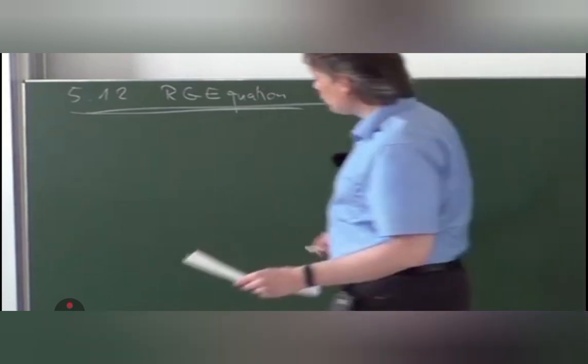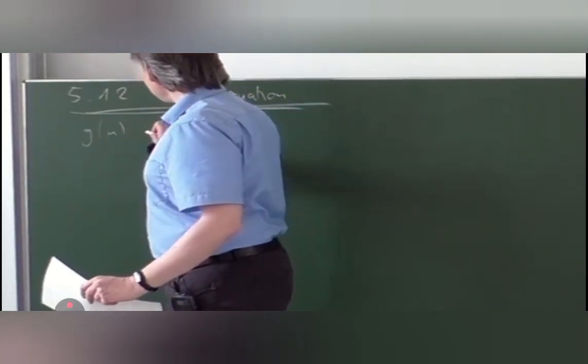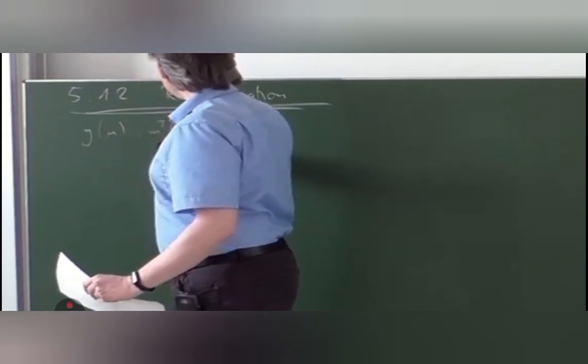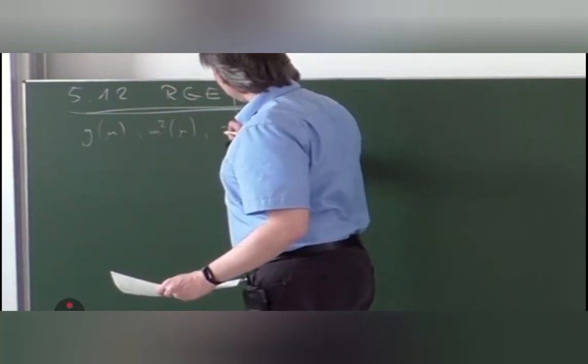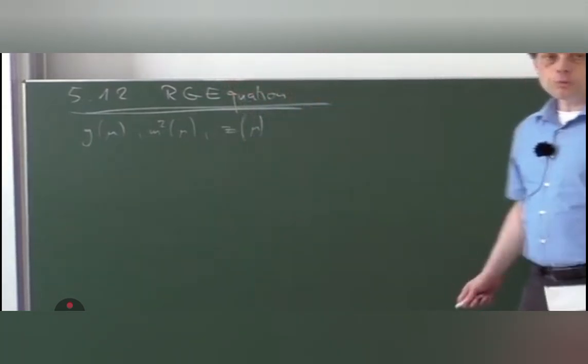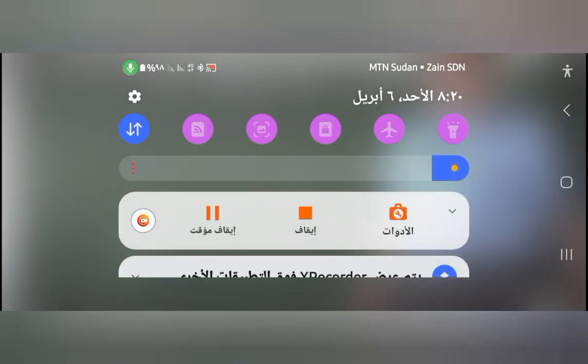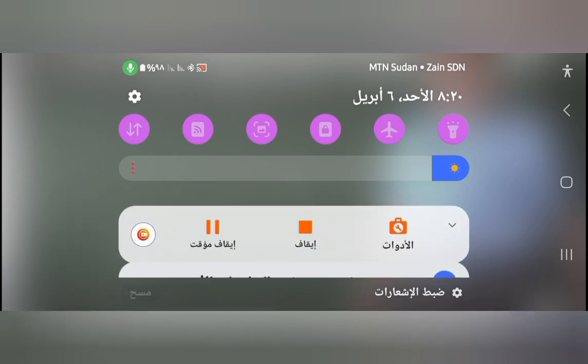Let us begin with deriving what is called the renormalization group equation. And we have determined those mu-dependent running couplings, g of mu, m squared of mu, and also a field normalization, small z of mu, which gives the normalization of these very bare fields. The notation is specific to phi to the 4 theory, and in all examples we will use phi to the 4, but the method is completely general.